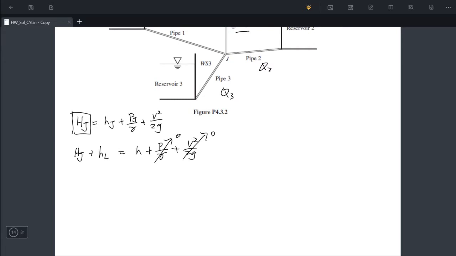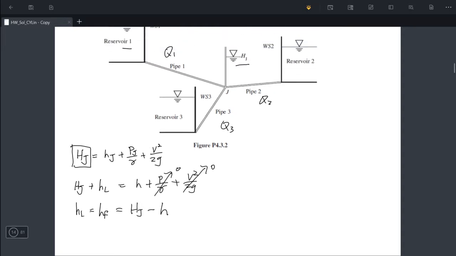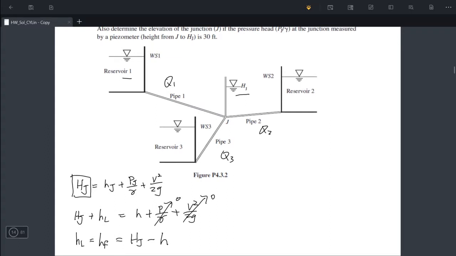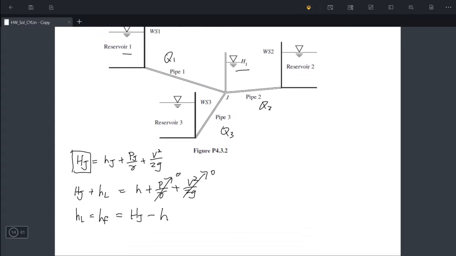Therefore, we know that the head loss, which in this situation is only the friction head loss, will equal the total energy at the junction minus the total energy at the reservoir, which simply equals the water level height in this case.